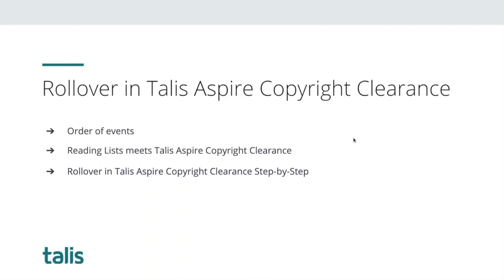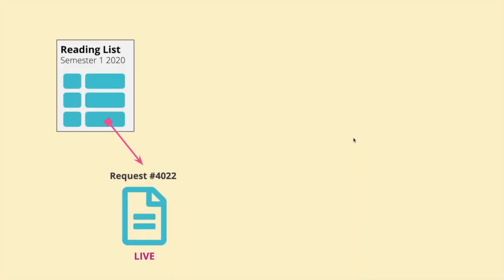So this is just a nice little animation of the rollover process, just so that it gets firm in your mind what's happening. So there's a reading list and it's attached to semester 1 2020. And one of the items on that reading list has a digitisation request, number 4022, and that is currently live.